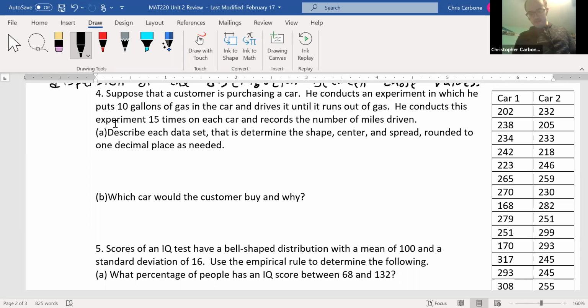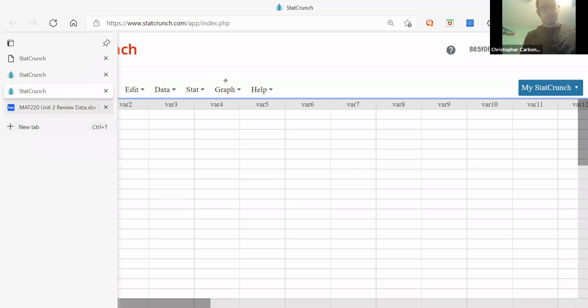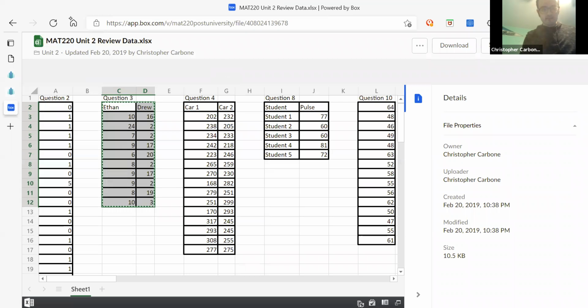So for this, we are going to do a couple of calculations. We want the mean, median, sample standard deviation, and range. So let us go obtain this data and toss it into StatCrunch. So that data is this one.